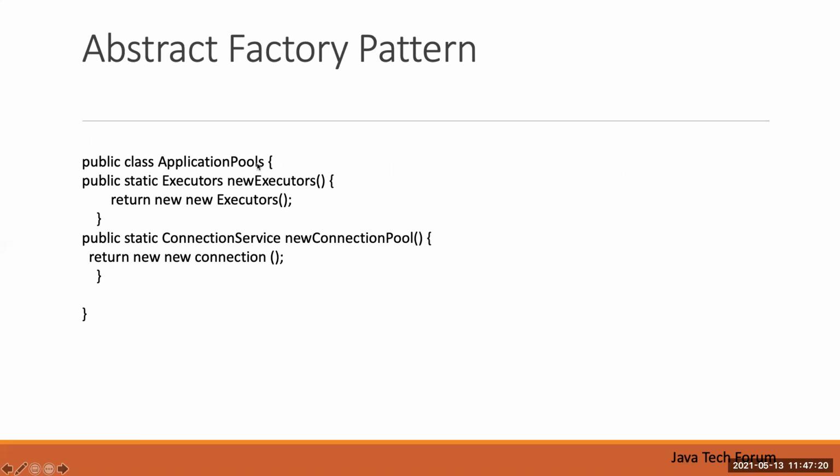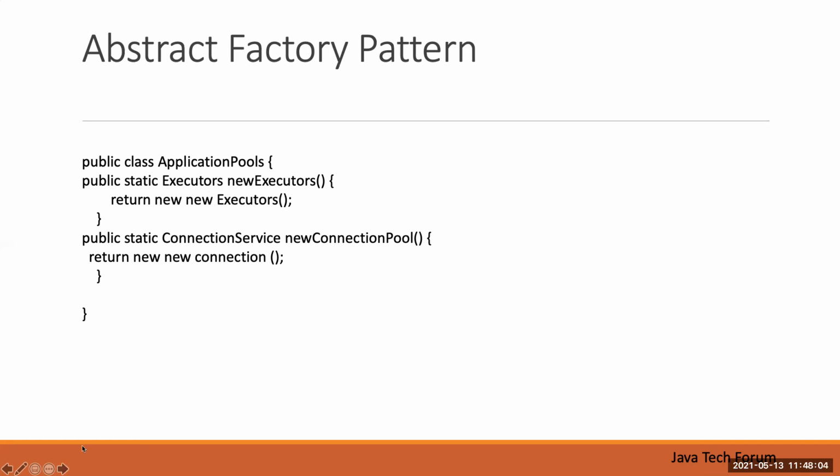In the application pool we define static methods to get the instance of the factory class. Here Executors is a factory of thread pools, and the connection class is a factory of DB connections. So we get the instance of the factory class in the abstract factory.